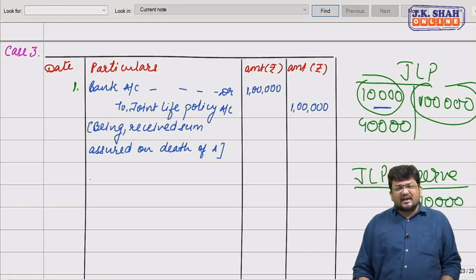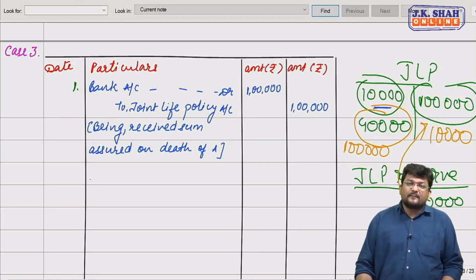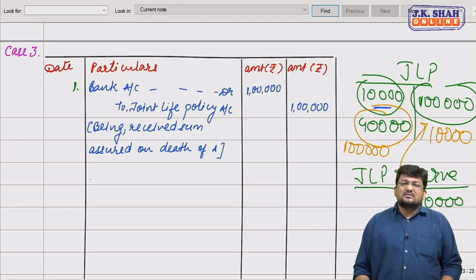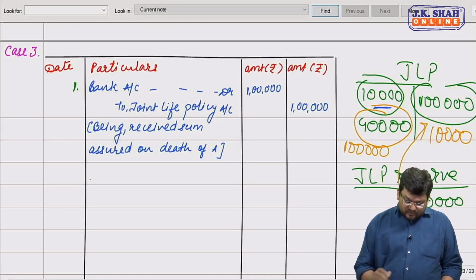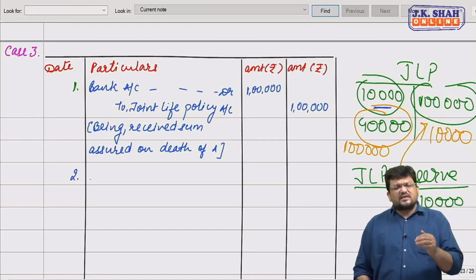You can either directly distribute this reserve of 10,000 among partners, or you may transfer this reserve to JLP account. The balance or profit in JLP would then be 1 lakh, not 90,000, and that profit of 1 lakh will be distributed among partners. Correct? So we'll pass the next entry to close JLP reserve and to transfer it to JLP account.